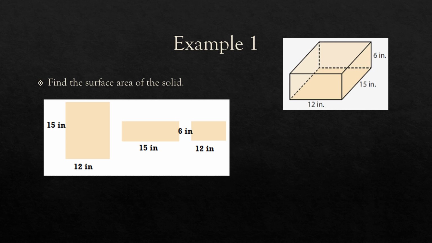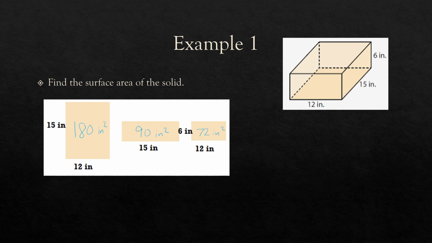So I have a 15 by 20 inches, and that would be 180 inches squared. I have a 15 by 6, those were the sides, and that comes out to be 90 inches squared. And then the front and the back is 6 inches by 12 inches, which is 72 inches squared.